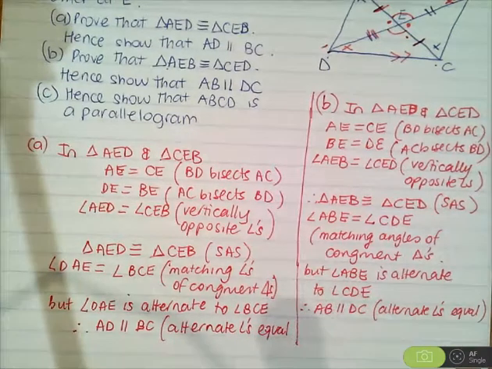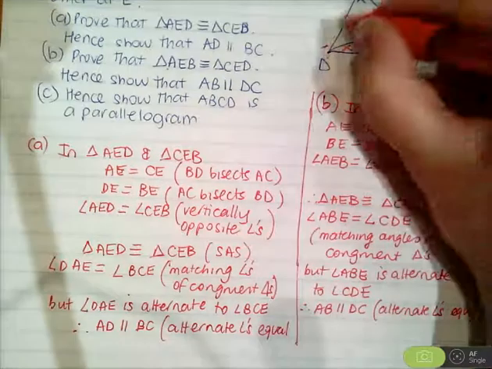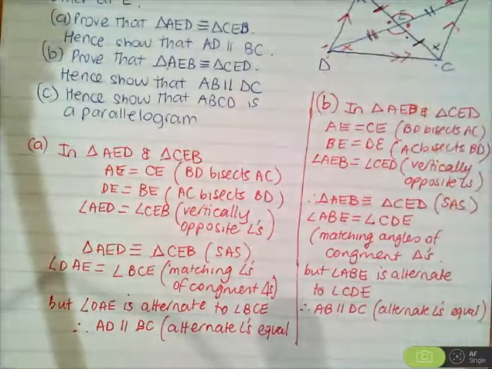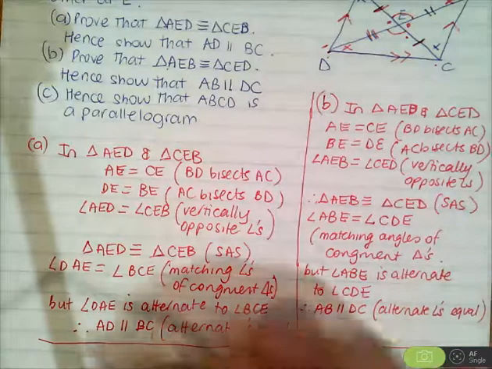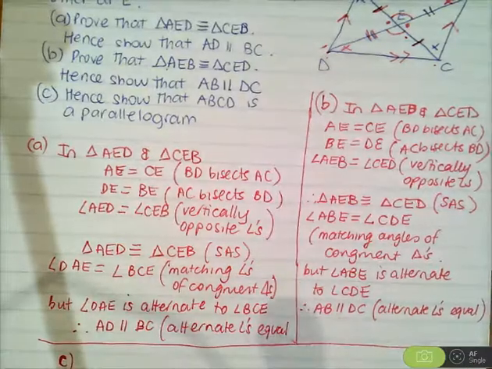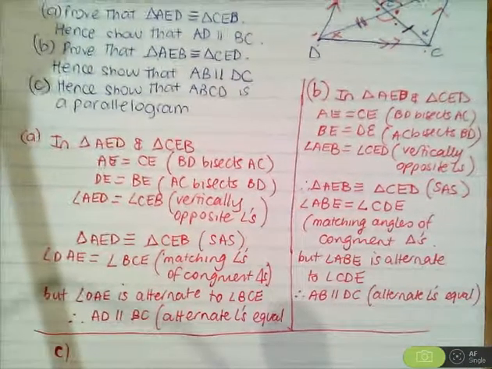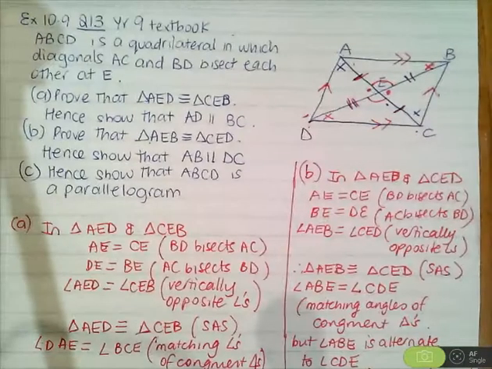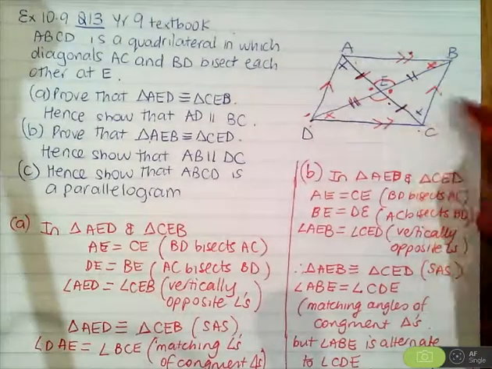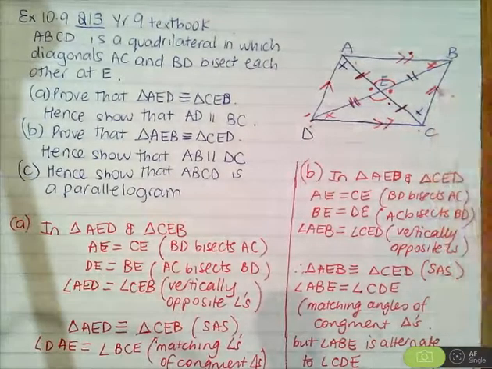Okay, now that's parts A and B done. Now the next part, so I'll just mark in what we've done. Part C of the question says, hence show that ABCD is a parallelogram. If we look up at the diagram, we've got a four-sided shape with two pairs of opposite sides equal and parallel.